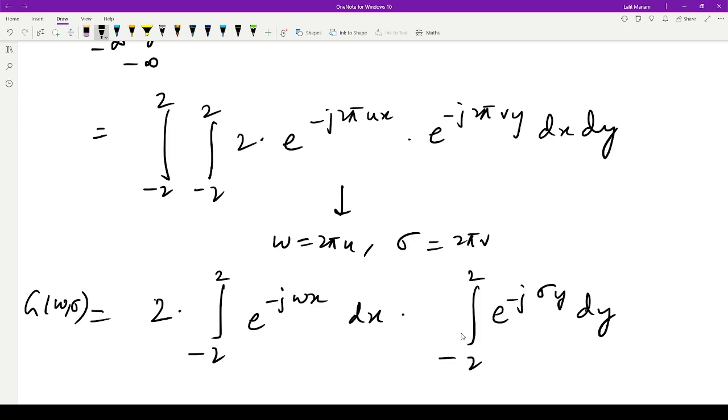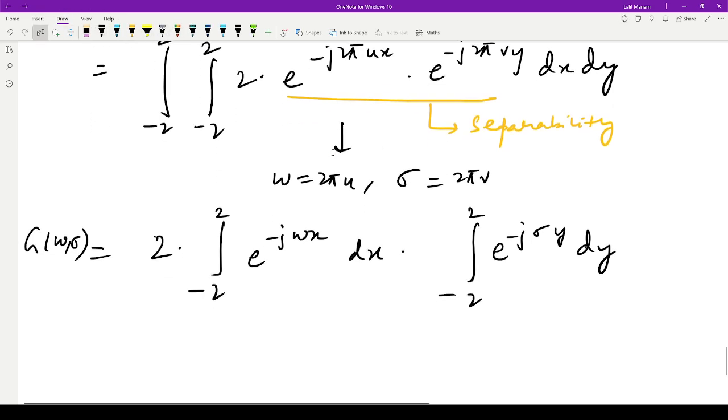Separability property states this. No one said in class that you can break the integration like this, but I'm writing it here. What's the point then? Can we do it or not?